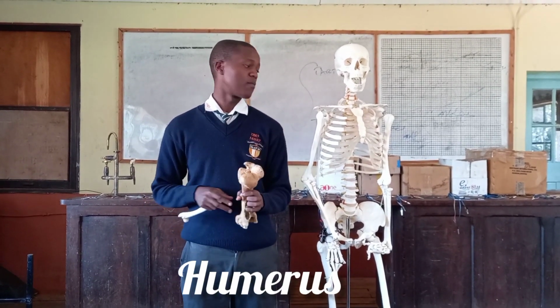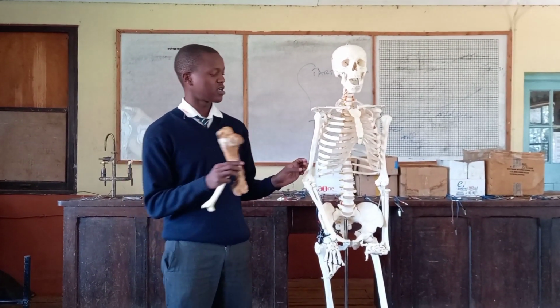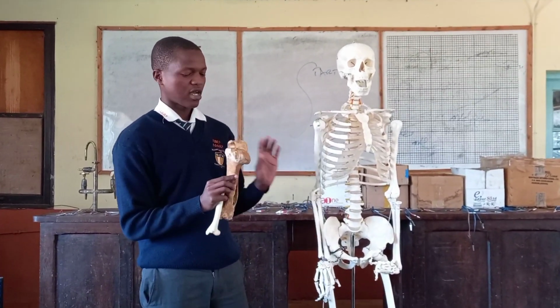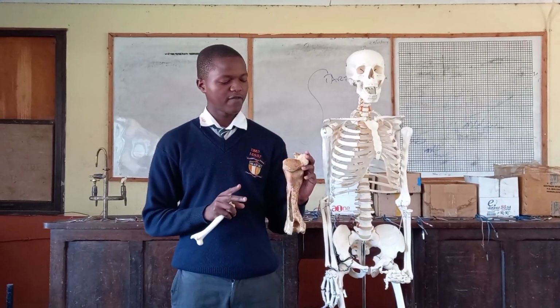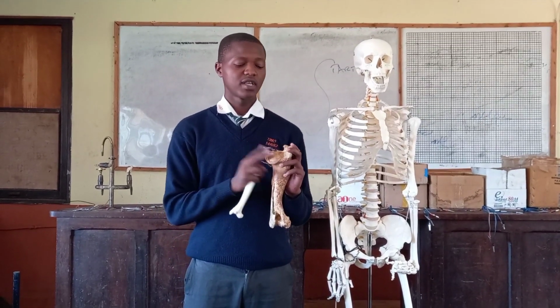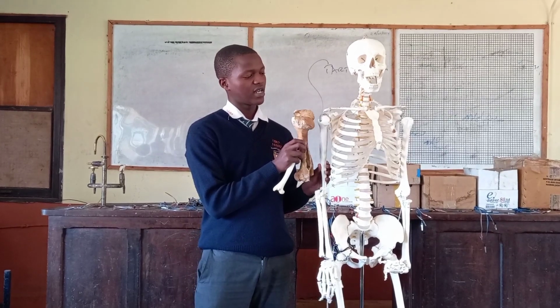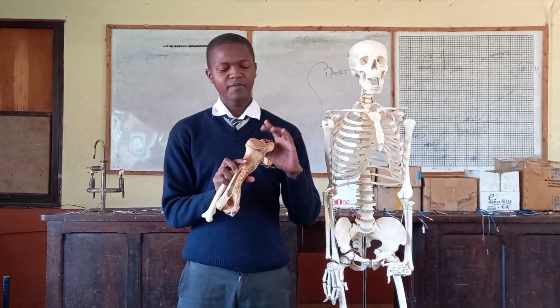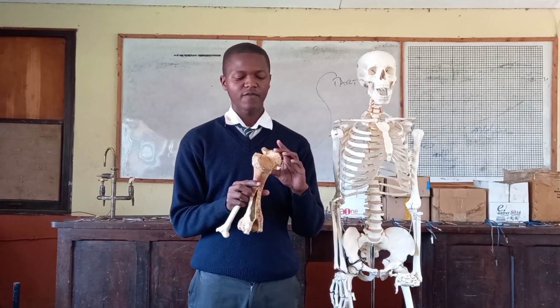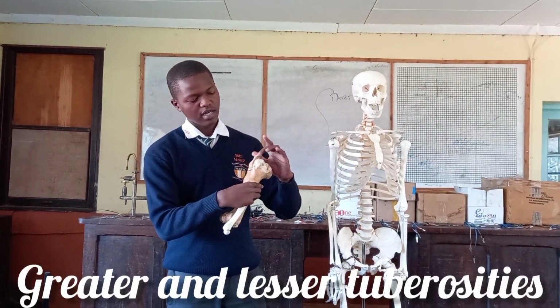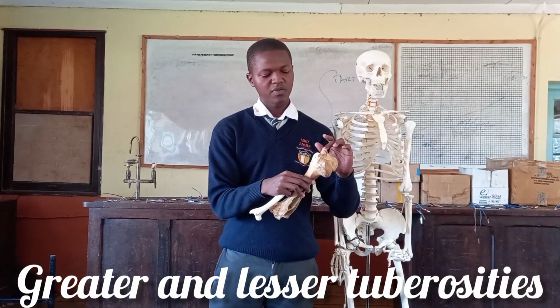I'm going to present the humerus. The humerus is a bone found on the upper part of the arm, right here. Going to its parts, we have the head of the humerus. The head of the humerus articulates with the scapula at the glenoid cavity. Near the head of the humerus, we have rough projections known as the greater tuberosity and lesser tuberosity.